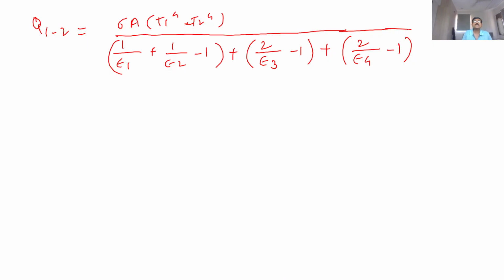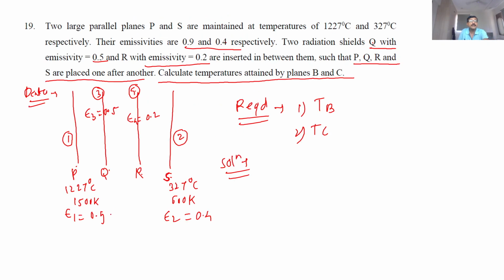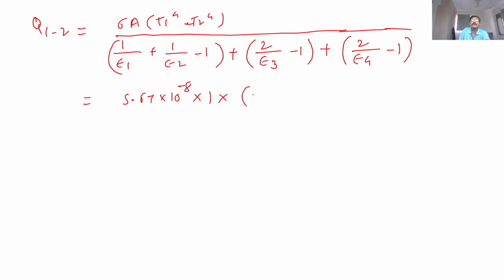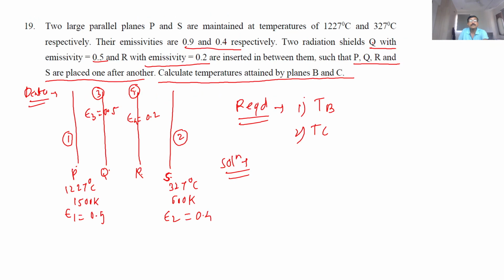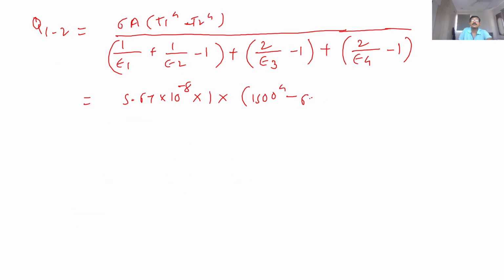Okay. So let's put the values. Now sigma 5.67 into 10 raised to minus 8. Area is not mentioned, so 1. T1 how much it is? T1 Kelvin, 1500 Kelvin, 1500 raised to 4 minus T2, 327 degree Celsius, 600 Kelvin, 600 raised to 4.